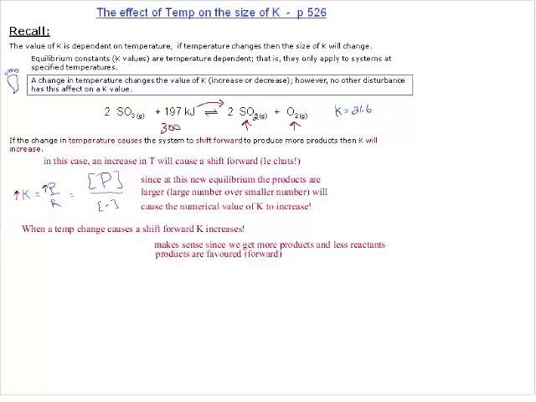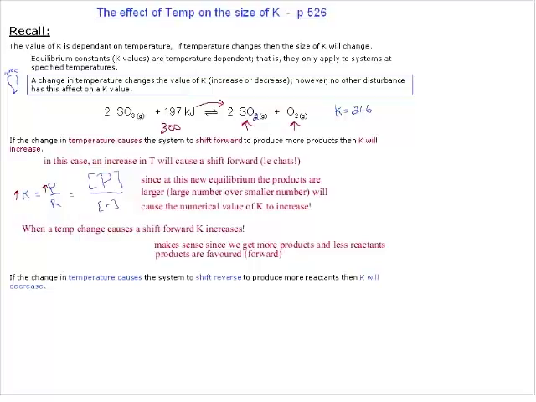We can also look at this and ask, what can we do to make K go down? If we can make a change to the system that causes the reverse reaction to be favored, then we're going to make the products smaller and the reactants bigger. We're just playing with the mathematics here.